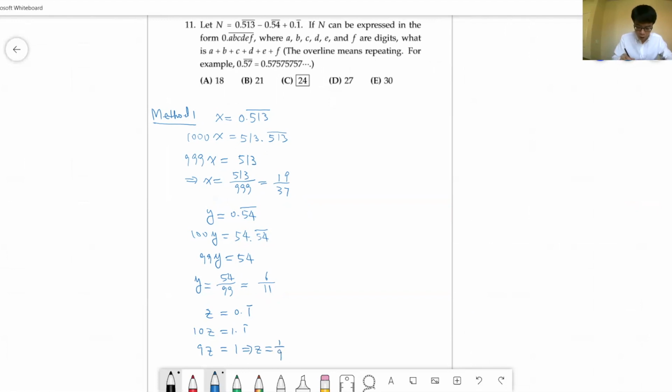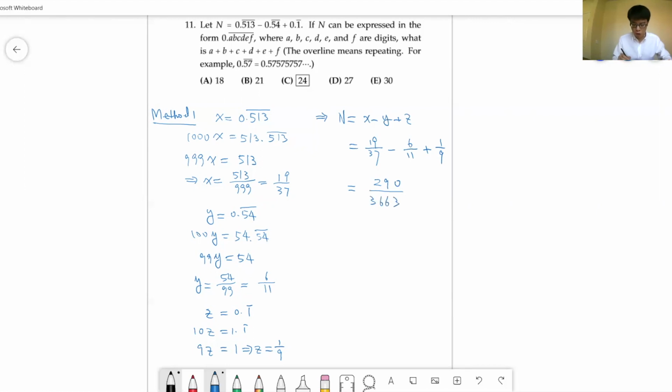And so we are able to do this calculation. N equals x minus y plus z, which is 19/37 minus 6/11 plus 1/9. This is a complicated computation. So this corresponds to 290/3663.